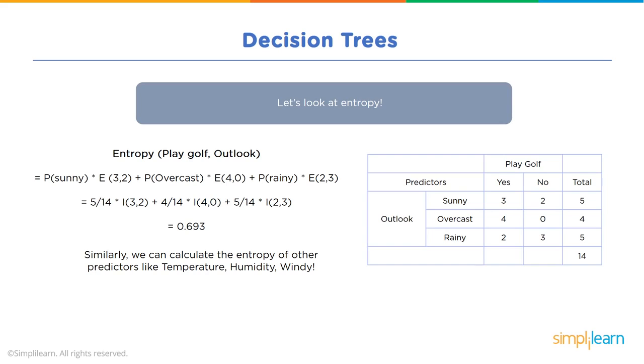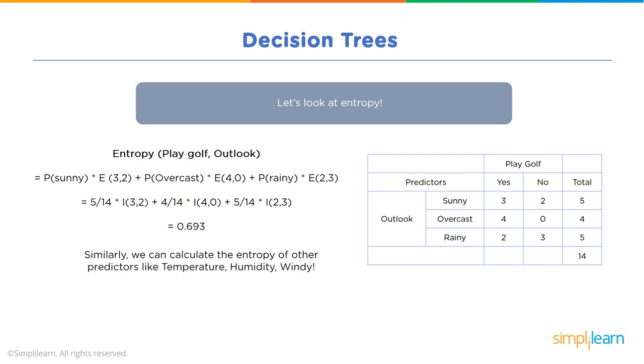Don't forget, we'll divide that 5 out later on. Equals P of overcast, which is 4, 0, plus rainy, which is 2, 3. And then when you do the whole setup, we have 5 over 14. Remember I said there was a total of 5? 5 over 14 times the I of 3, 2, plus 4 over 14 times the I of 4, 0, plus 5 over 14 times I of 2, 3.